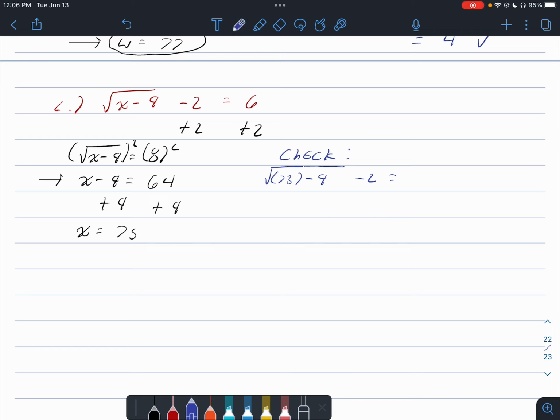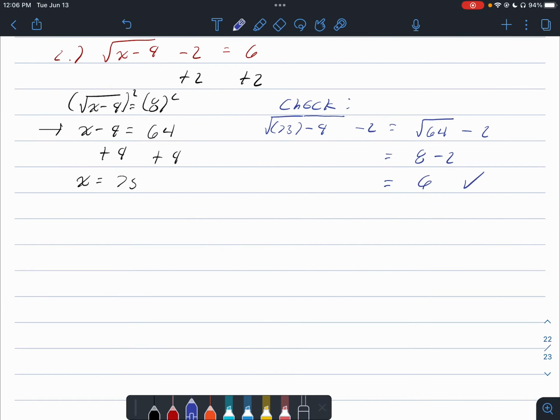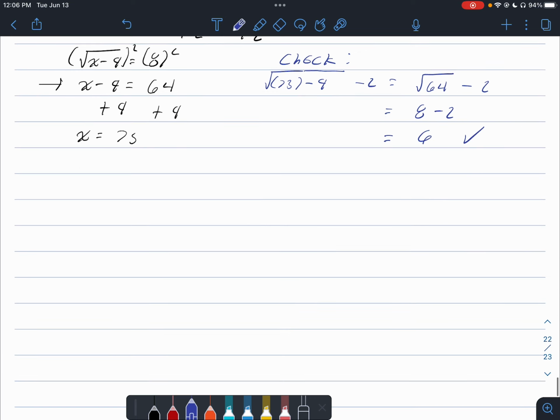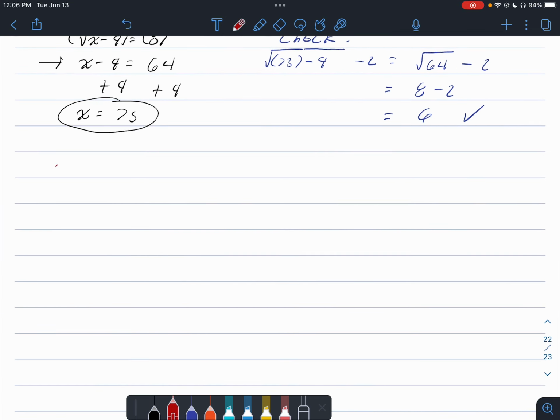So we have the square root of 73 minus 9. That's going to be the square root of 64, minus 2, which is going to be 8 minus 2, which is going to be 6. So that checks out. We know that x equals 73 is a valid solution.